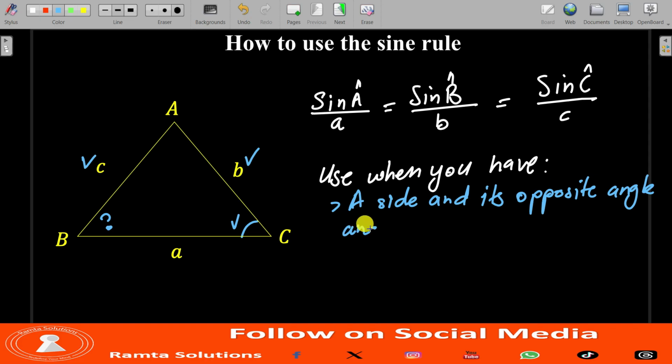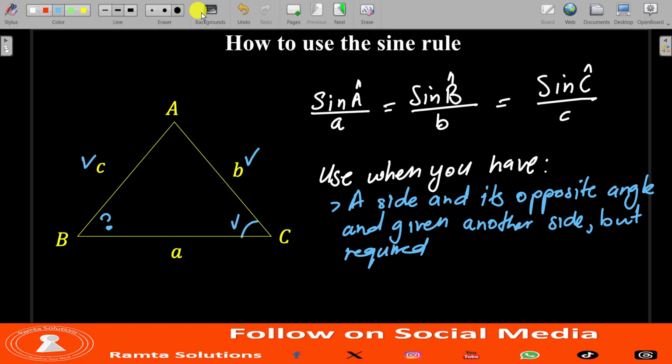And given another side, but required to find its opposite angle, okay?